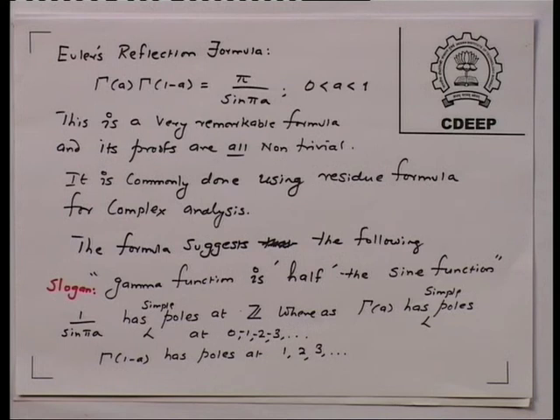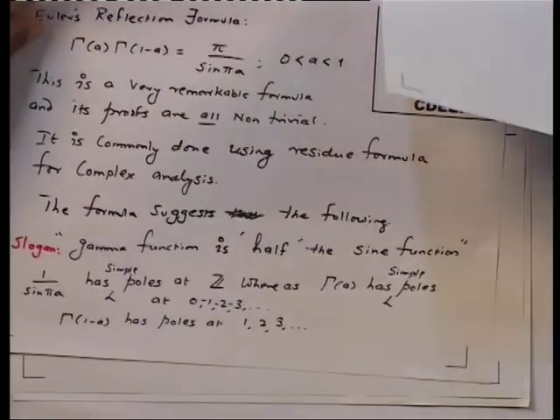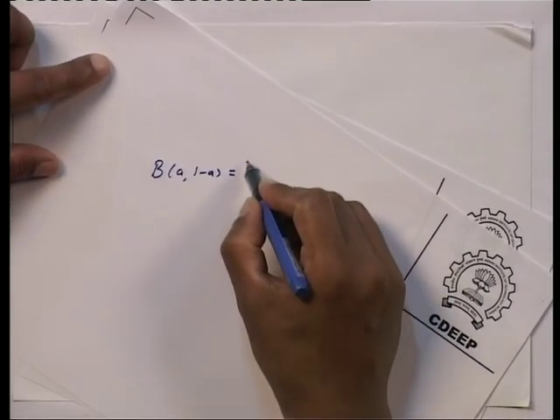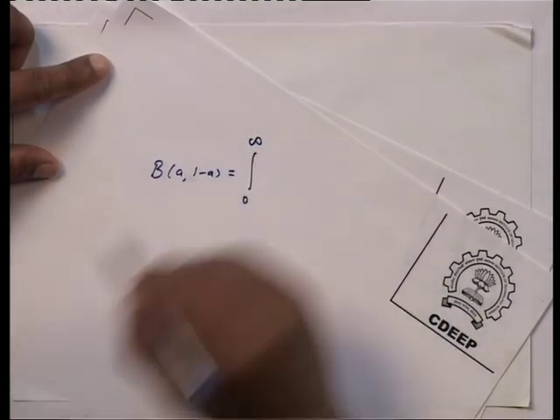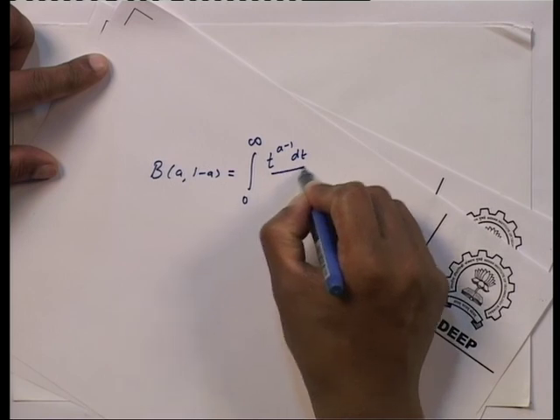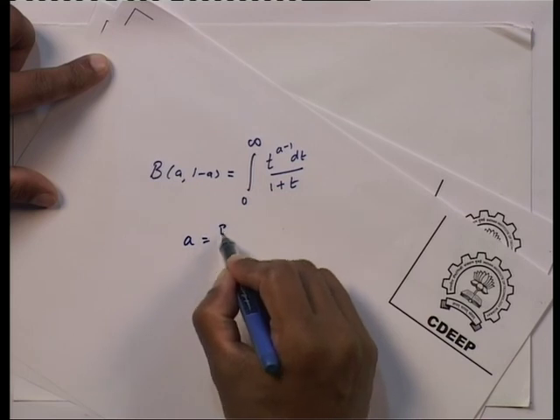This is t to the power p by q minus 1 upon 1 plus t. Suppose I put t to the power 1 by q equal to u. Let me just work it out separately on a rough sheet for you. So you have beta a comma 1 minus a equal to integral 0 to infinity t to the power a minus 1 dt upon 1 plus t, and I am assuming that a is rational, p by q.